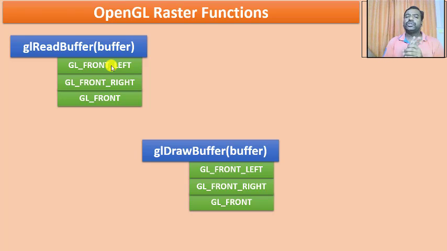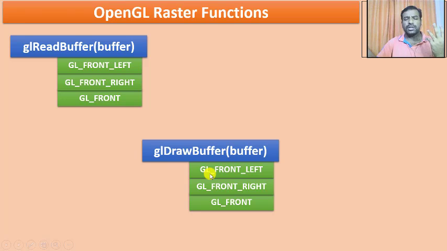If there is no stereoscopic view in your OpenGL program, then this doesn't have any meaning. Hence you can use GL_FRONT_LEFT, GL_FRONT_RIGHT or GL_FRONT, all are the same. For simplicity, we are going to use GL_FRONT, the same parameter with glDrawBuffer. So, from which buffer I need to read and to which buffer I am going to draw.